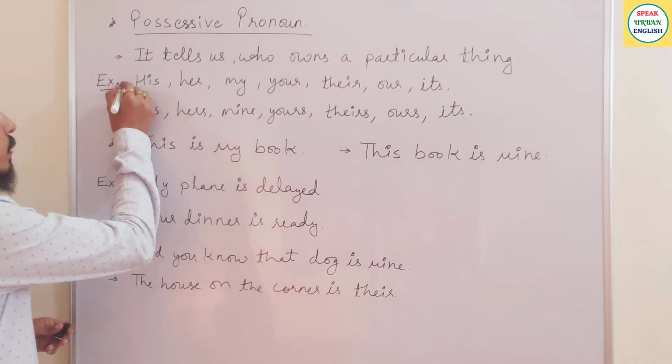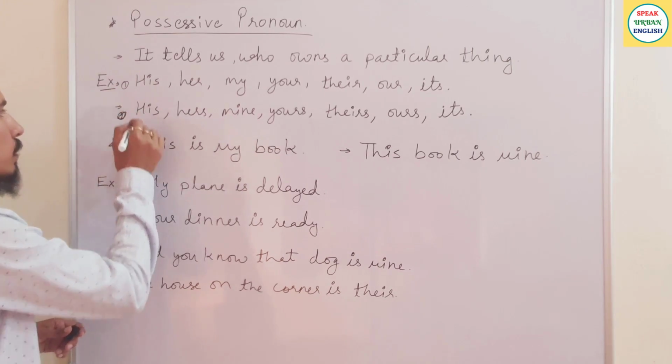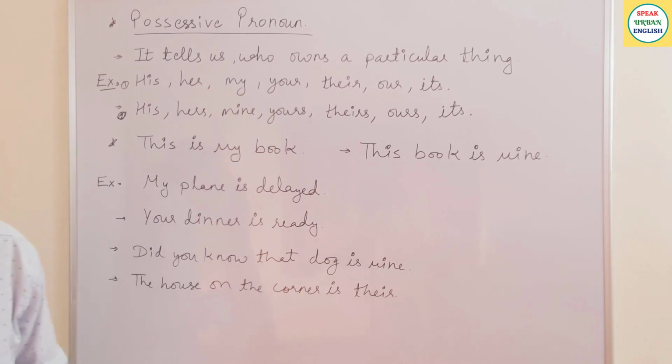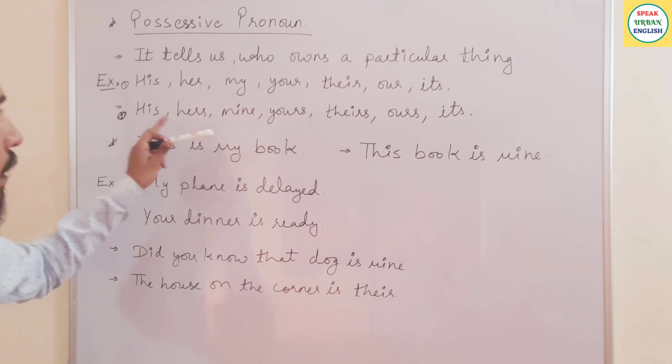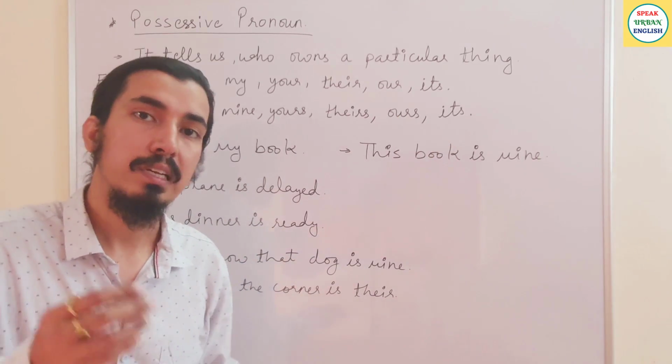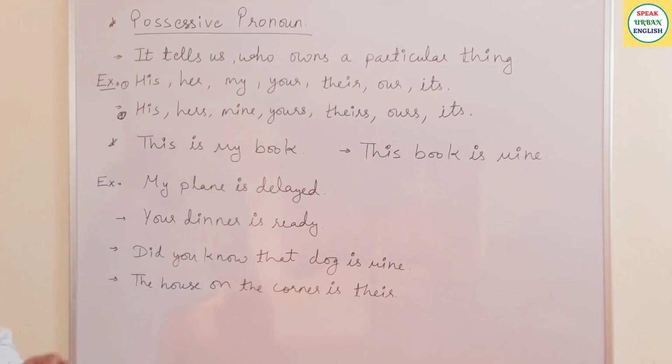Examples of category 1 are his, her, my, your, their, our, its. Category 2 are his, hers, mine, yours, theirs, ours, and its.